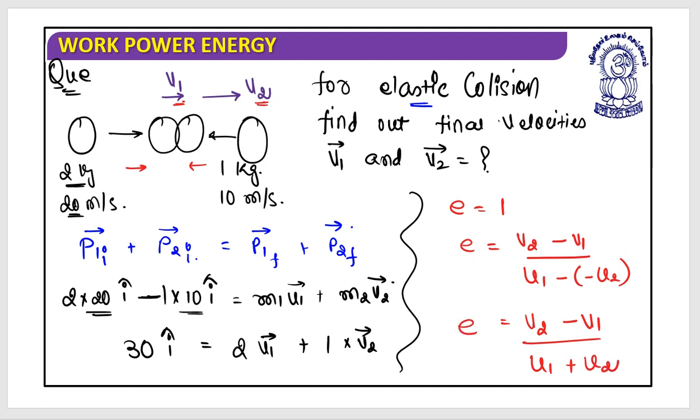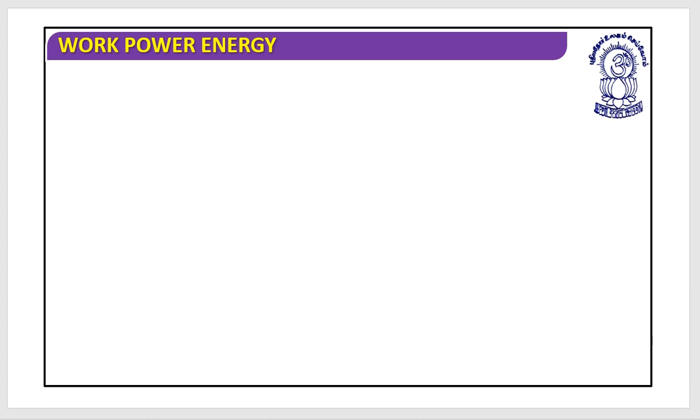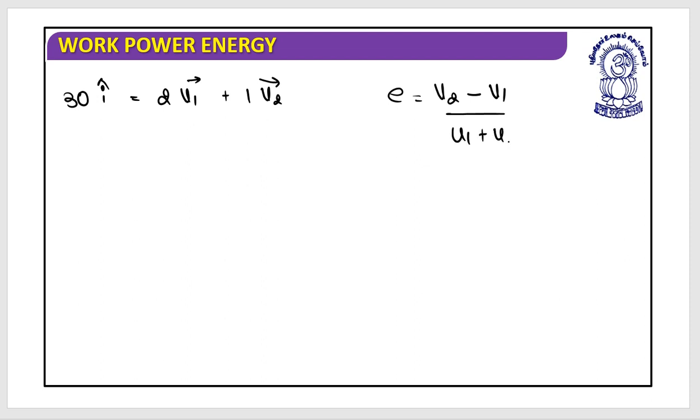Please do not commit a mistake over here. This is e. So what I can have is my first relation. The first relation is 30 i cap equals 2 into v1 plus 1 into v2. And the second relation: e equals v2 minus v1 divided by u1 plus u2.